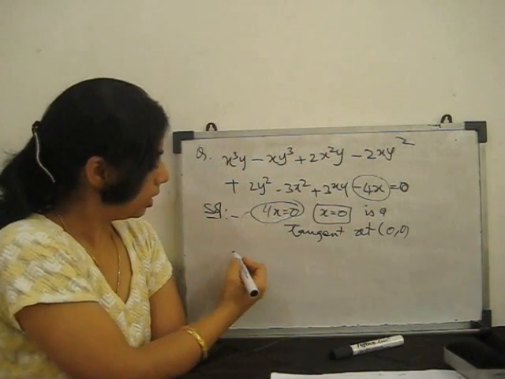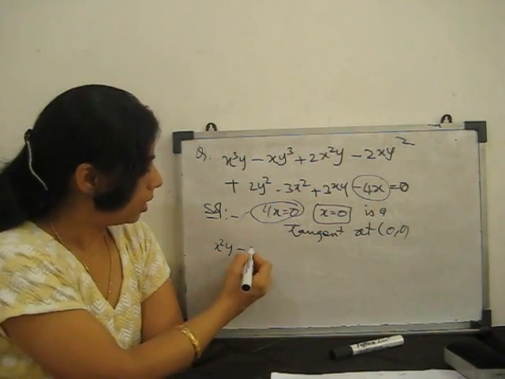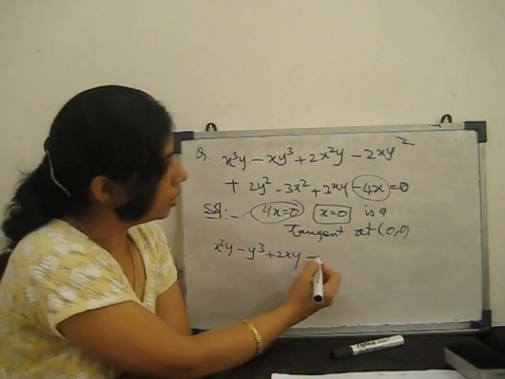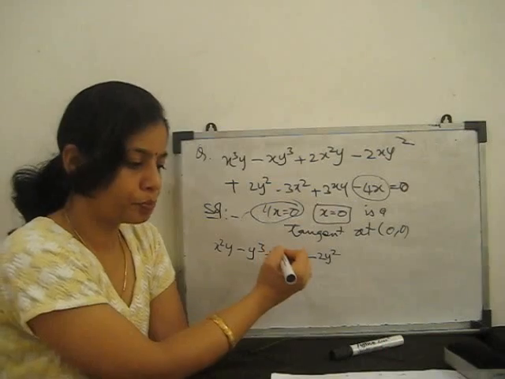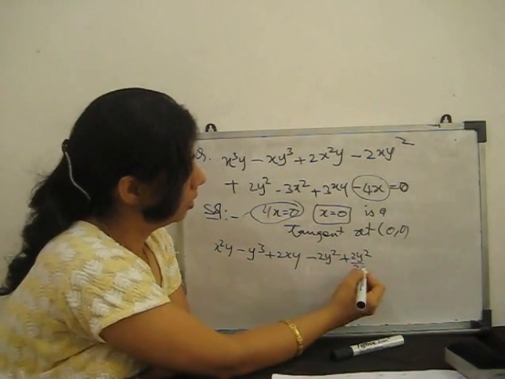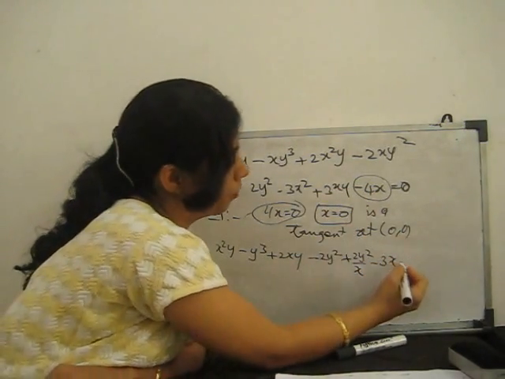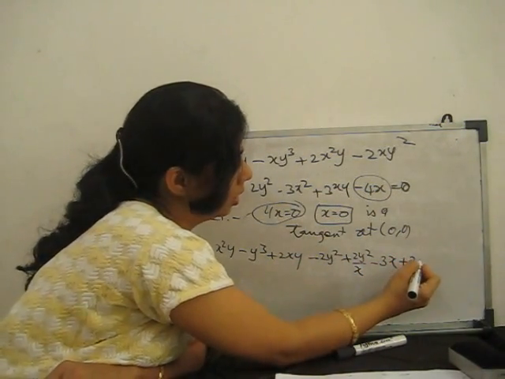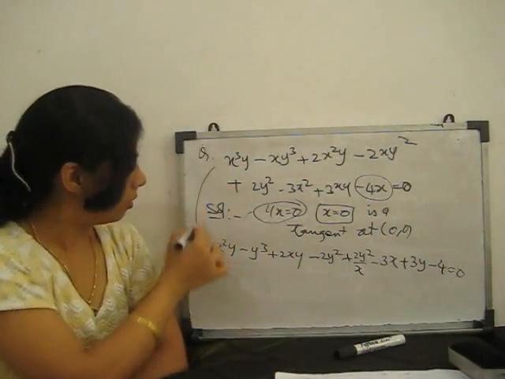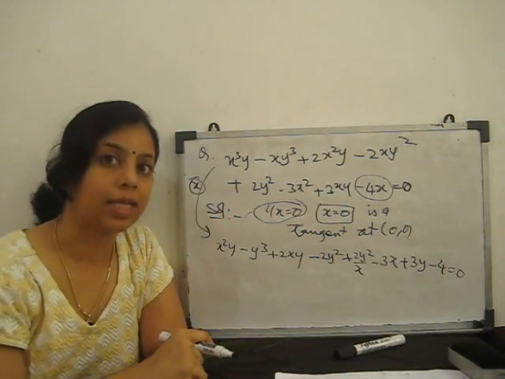When we divide this equation by x, our new equation becomes x square y minus y cube plus 2xy minus 2y square plus 2y square by x minus 3x plus 3y minus 4 equal to 0. Divide equation 1 by x. Clear? Because our tangent is x equal to 0.